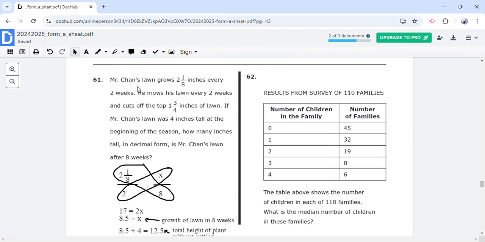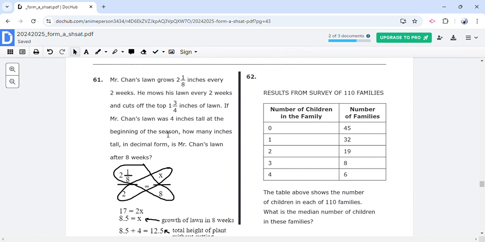For question 61, it says Mr. Chan's lawn grows 2 1/8 inches every 2 weeks. He mows his lawn every 2 weeks and cuts off the top 1 3/4 inches of lawn. If Mr. Chan's lawn was 4 inches tall at the beginning of the season, how many inches tall in decimal form is Mr. Chan's lawn after 8 weeks?